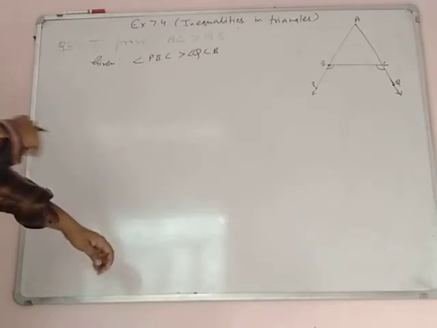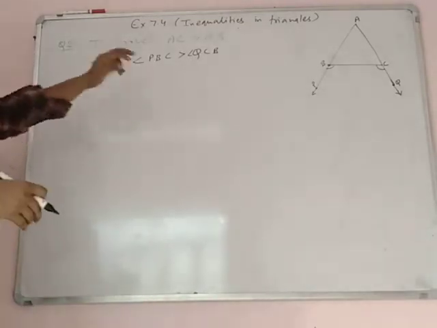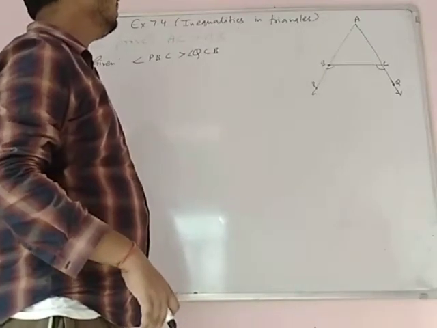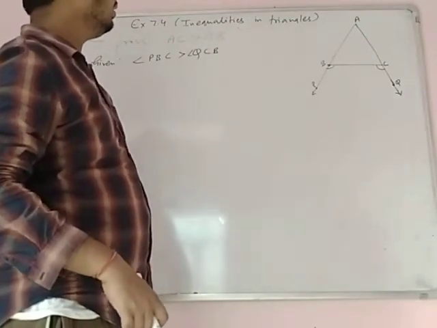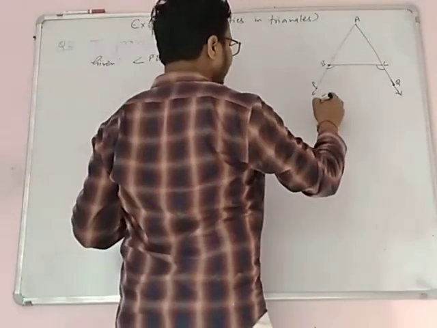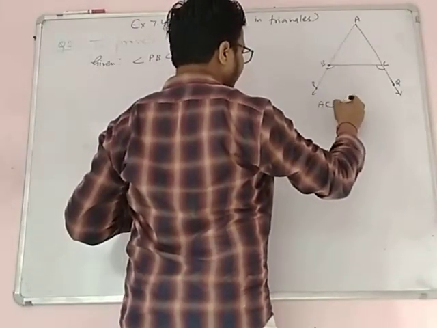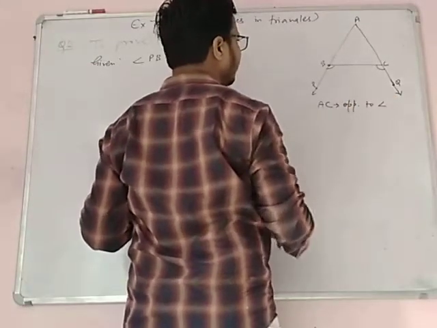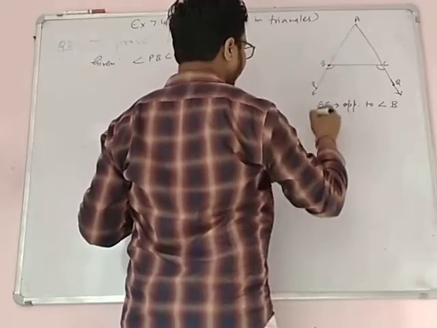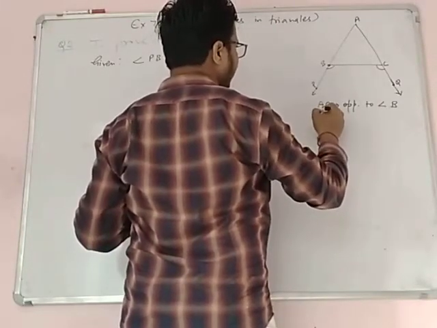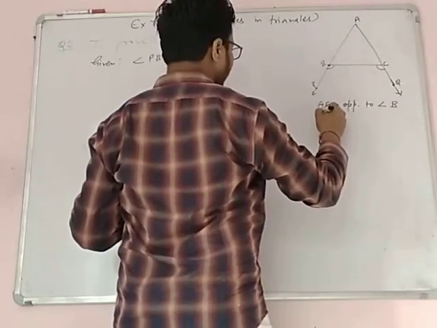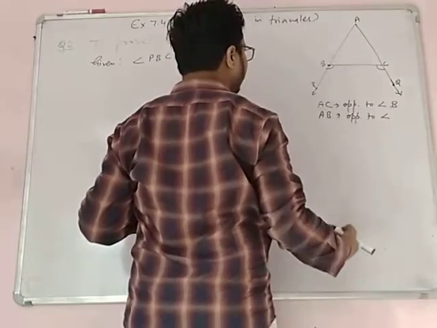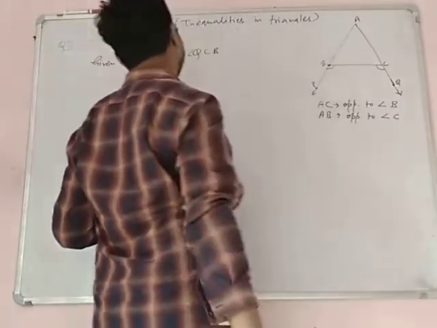And we have to prove that in that case AC is greater than AB, whereas AC is opposite to angle B and AB is opposite to angle C. Clear about it?